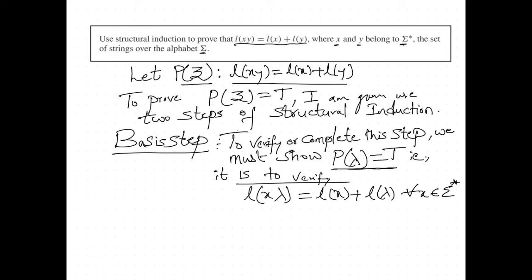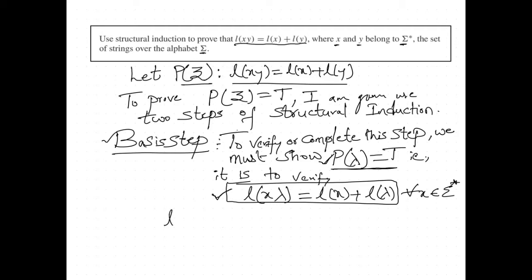So this I want to show. If I can show this, then I can show P of lambda is equal to true. When I show that, the basis step is verified. Now how I am going to show this particular thing, we'll see now.